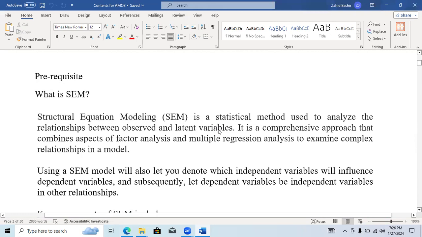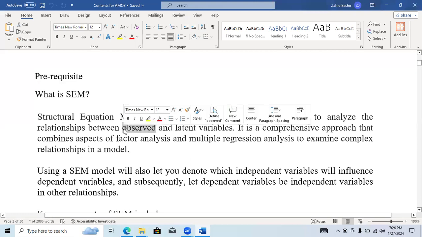In two or three previous sessions regarding smart PLS, I delivered some sessions regarding observed and latent variables. An observed variable is a variable which is already measured, which has some measurement; your indicators or your statements are your observed variables, because they are directly measured using a 5-point Likert scale, 7-point Likert scale, or through some responses.